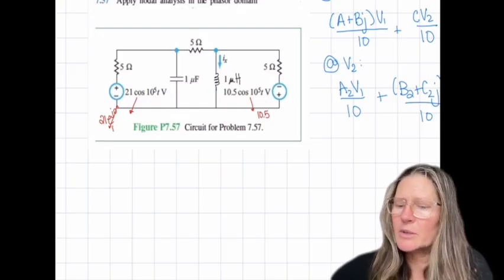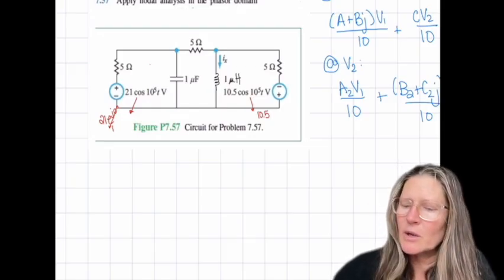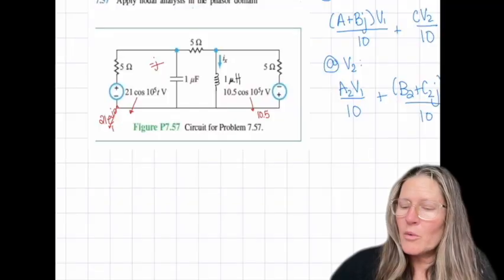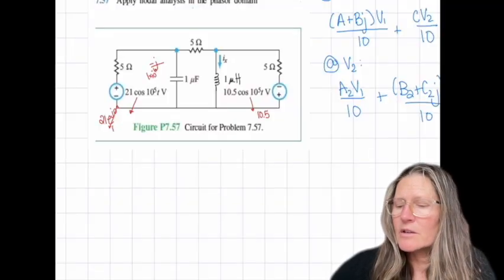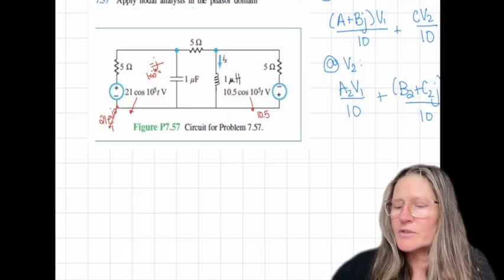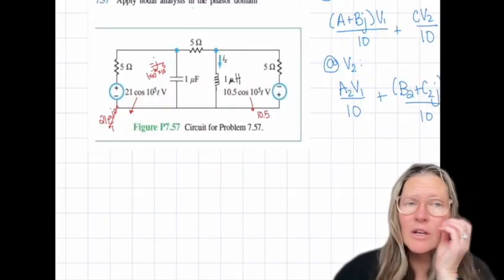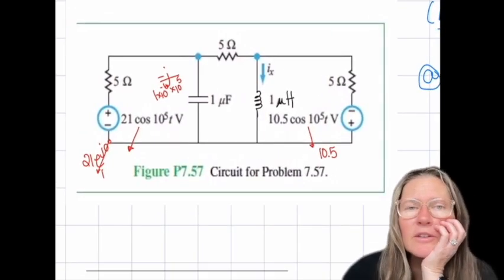And then the elements: this element is going to be minus j over 1 microfarad, which is minus 10 to the 6, and the frequency here is 10 to the 5th. So it's minus j over omega times C, and omega is that 10 to the 5th.